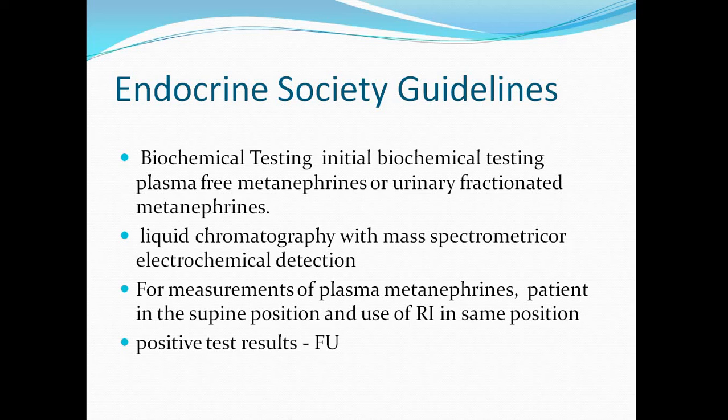For measurements of plasma metanephrines, they recommend the patient to be in the supine position and use of the reference intervals in the same position. If the patients are tested positive, then definitely follow up.